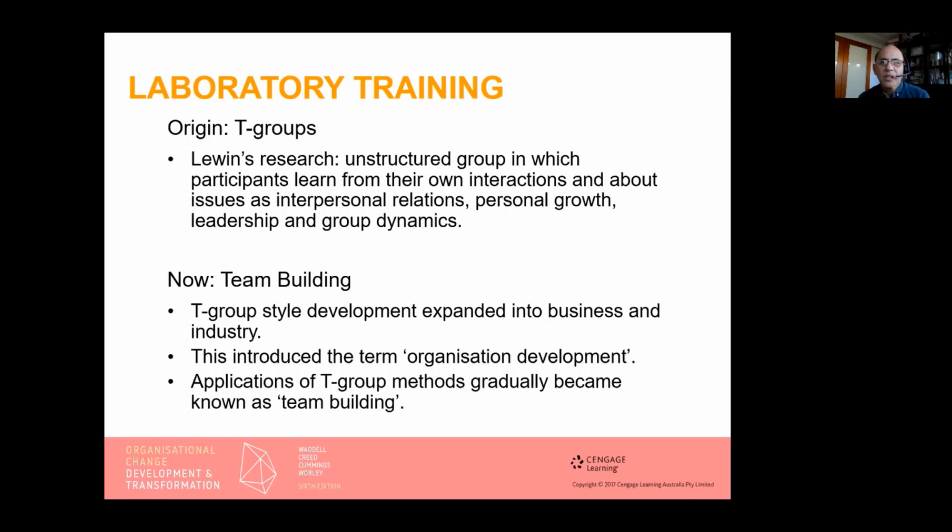So in other words, it's an unstructured group in which participants learn from their own interactions and about issues such as interpersonal relations, personal growth, leadership, and group dynamics. Usually when you conduct this intervention, you sit around in a group. Usually it is a face-to-face group, so you don't necessarily have to do it online.